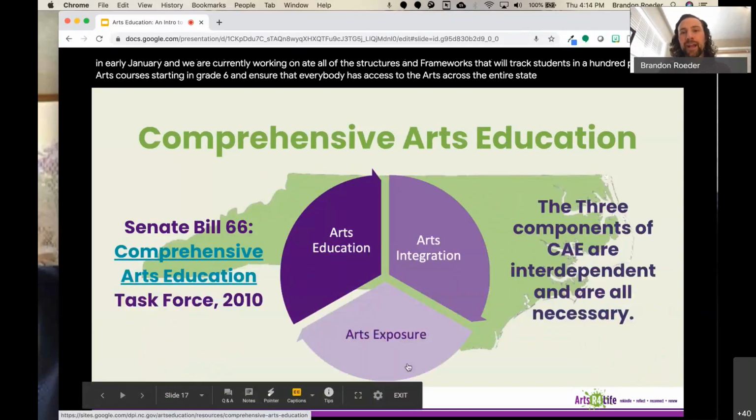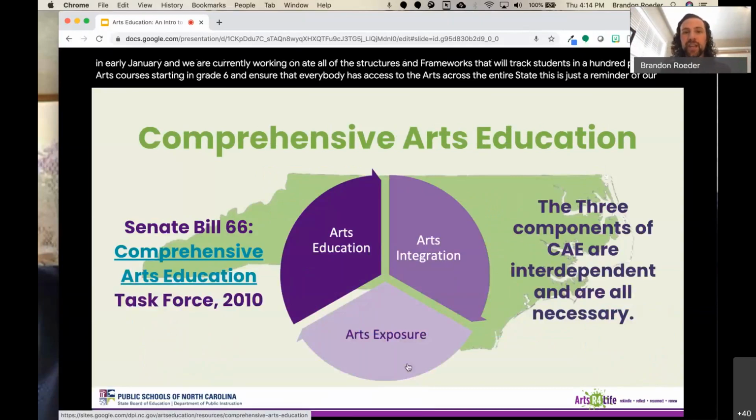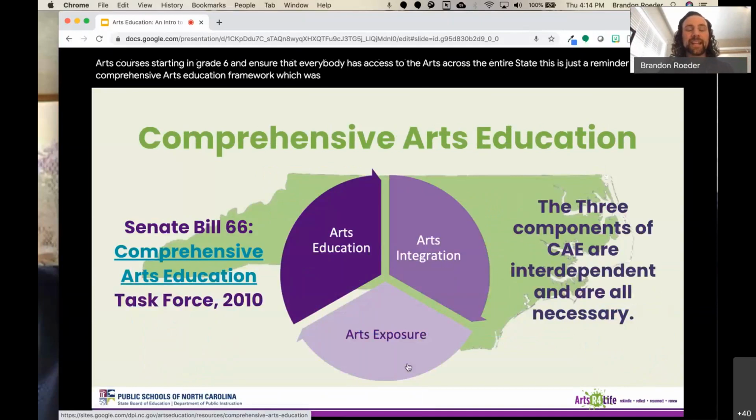This is just a reminder of our comprehensive arts education framework, which was created by Senate Bill 66 back in 2010, ensuring that arts education, arts integration, and arts exposure are all imperative for a student to have a well-rounded arts education experience.